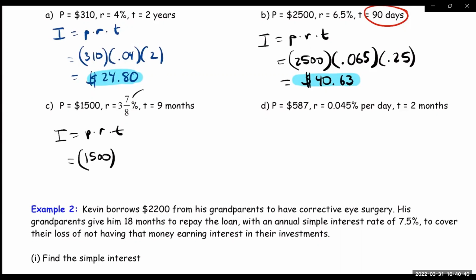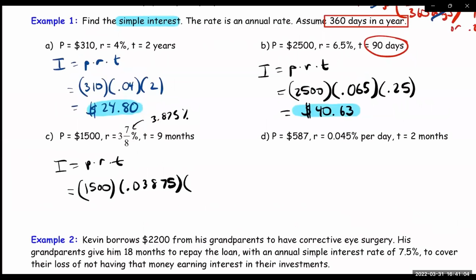That is going to be 3.875%, but you still have to convert this to a decimal by moving the decimal to the left. So it's going to be 0.03875. And then 9 months, well, if to convert days, you divide by 360, what would you divide this by?